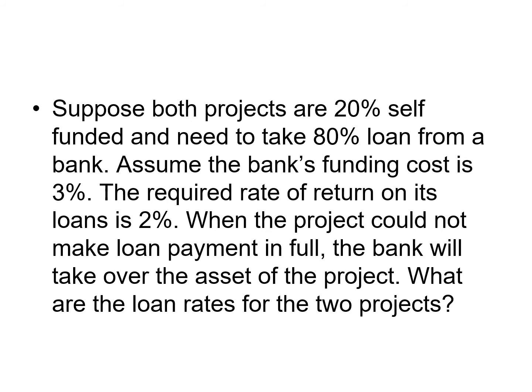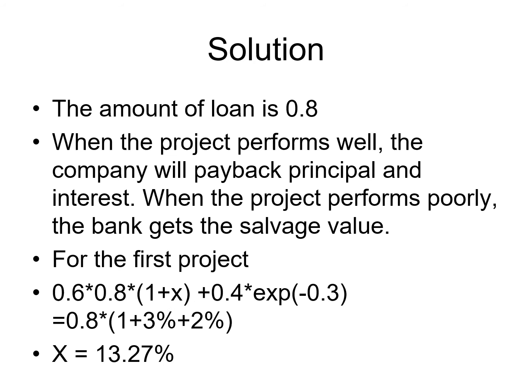When the project could not make loan payments in full, the bank will take over the assets of the project. What are the loan rates for the two projects? Solution. The amount of loan is 0.8.